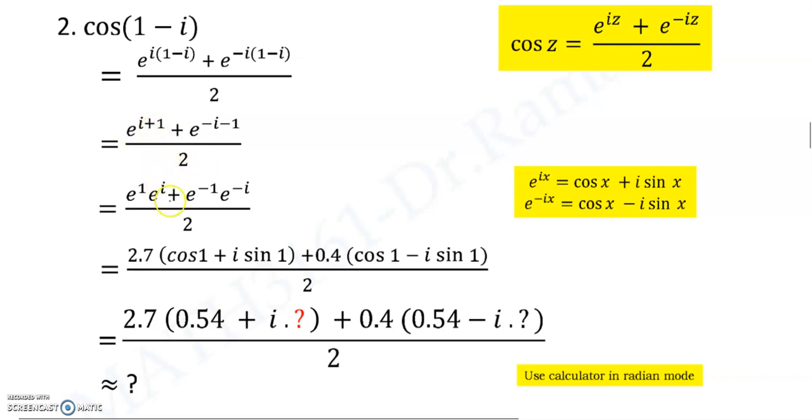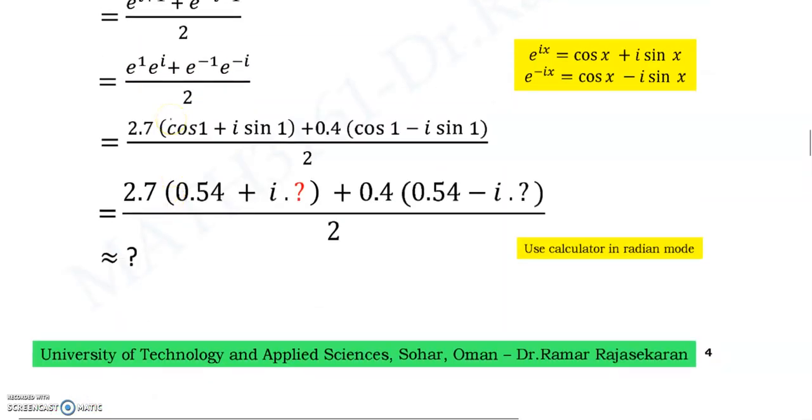Now you separate this and then find the value of e to the power 1 by using a calculator, that is 2.7. Now e to the power i, how do you expand this? By Euler's formula you write cos 1 plus i sin 1, because here the value of x in this term is 1.